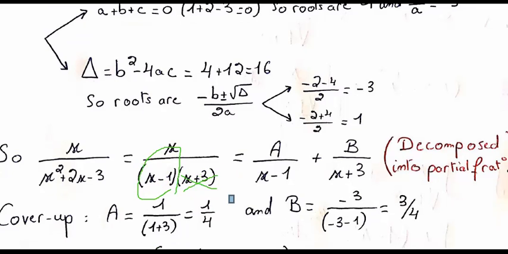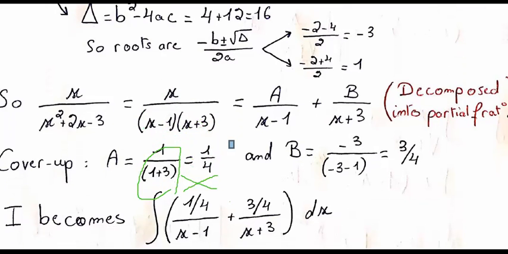And now we have a and b, which means our integral becomes the integral of 1 over 4 over x minus 1 plus 3 over 4 over x plus 3, which are a and b.